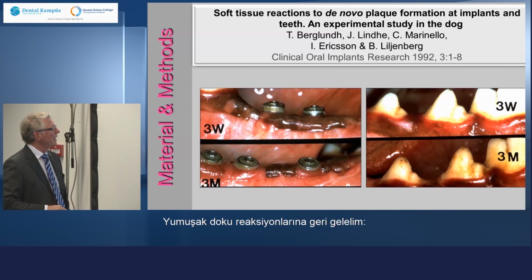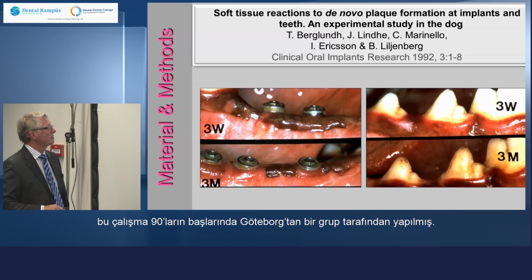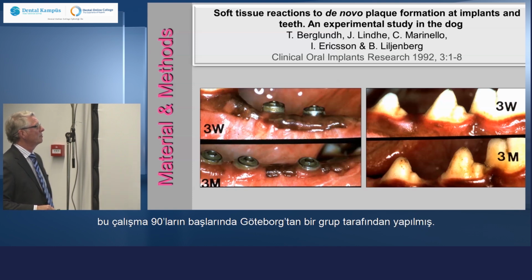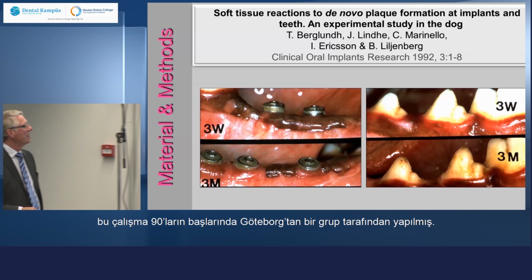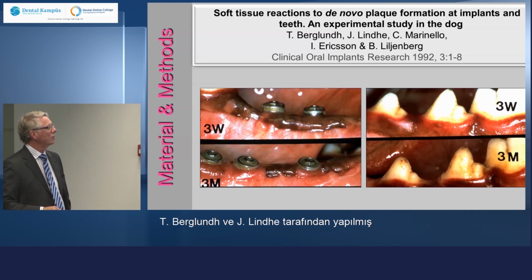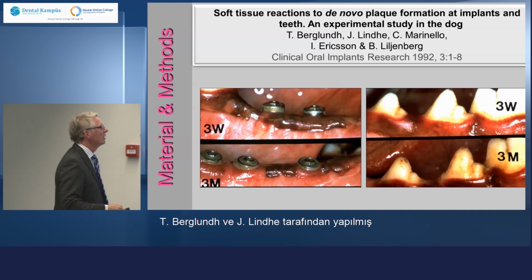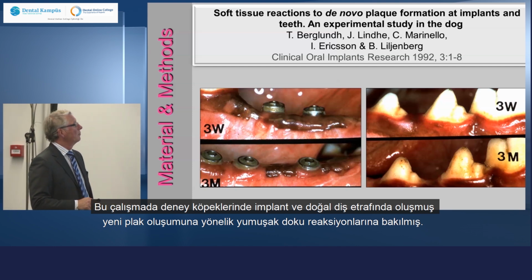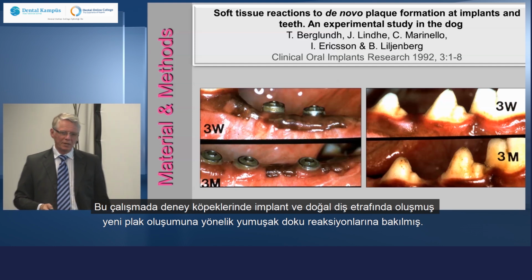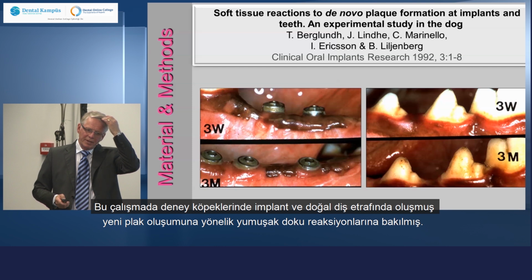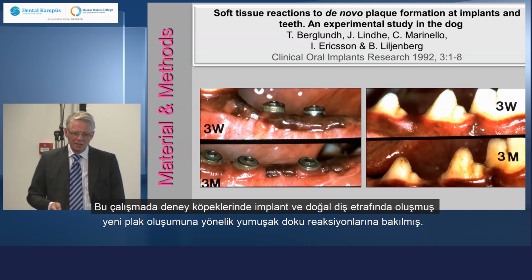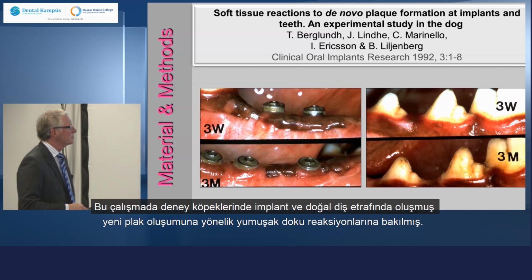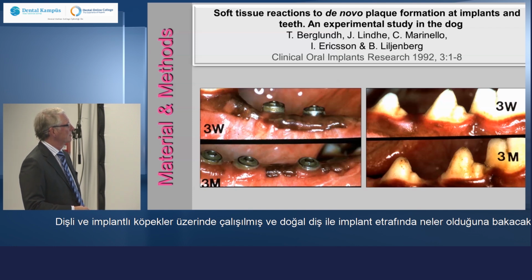And now coming back to the soft tissue reactions. This is from an early study from the 90s by the group in Göteborg, from Tord Berglundh and Jan Lindhe, where they looked at the soft tissue reactions of de novo plaque formation at implants and teeth. It's an experimental study in dogs.